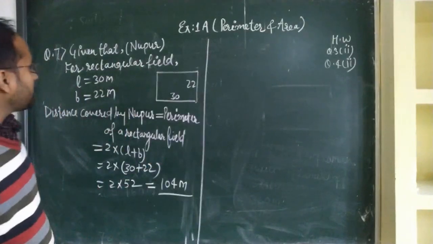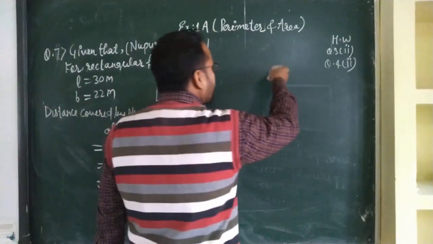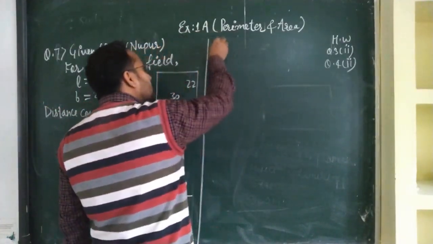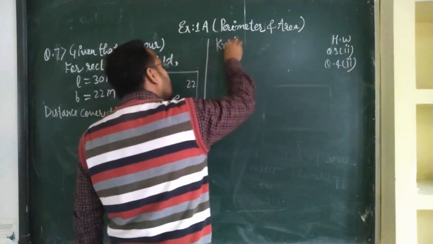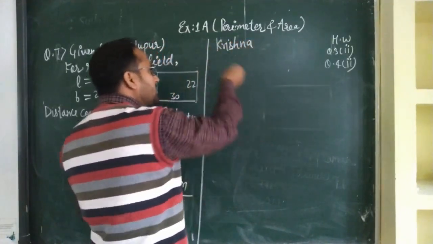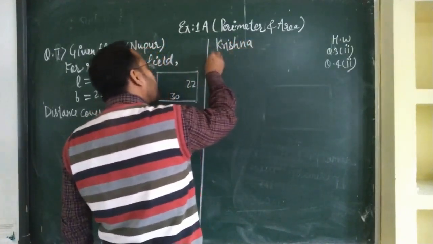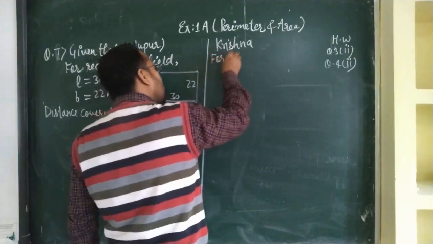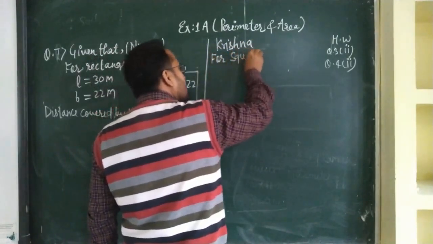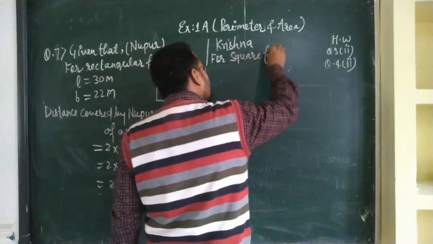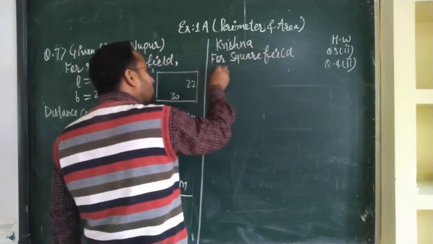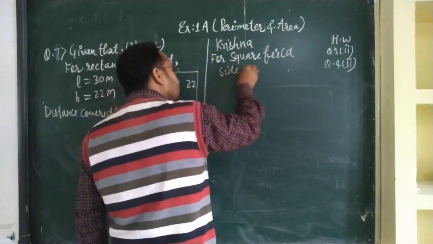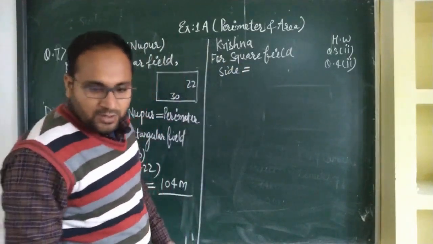Now we are going to talk about Krishna. This distance is calculated for Krishna and for the square field. The side of the square is given as 25 meter.